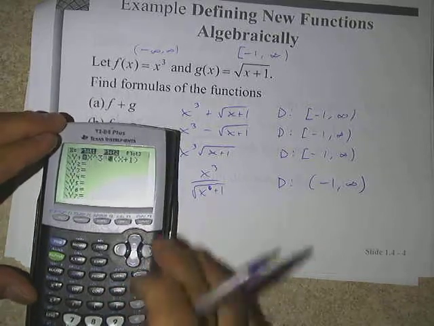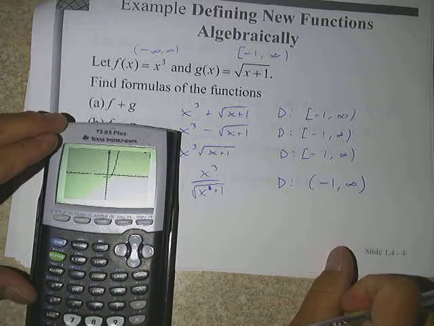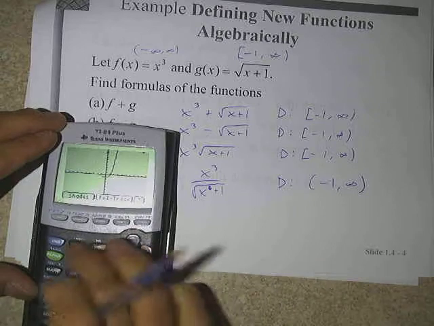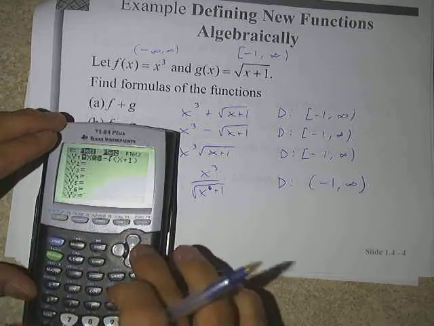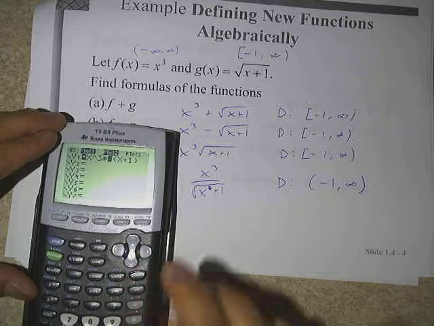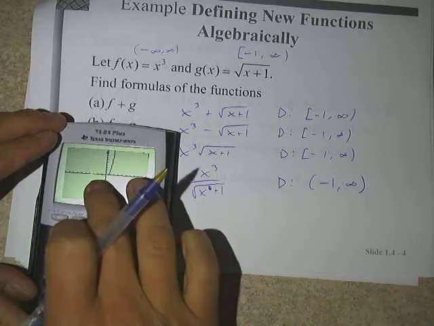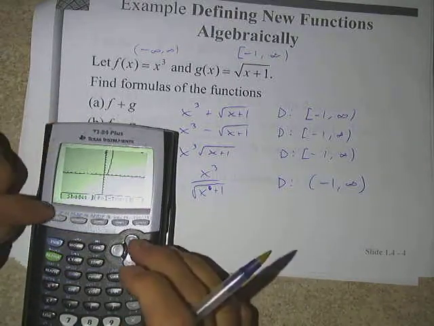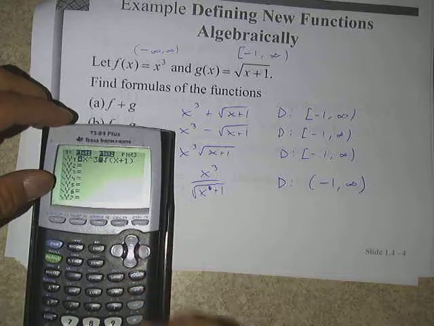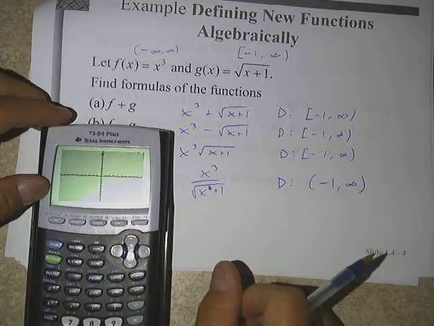All right. And if I do that same thing, if I look at the graphs of the subtraction combination, you should see similar in terms of the domain part, which we do. If I were to look at the multiplication of the two, once again, the domain appears to start at negative 1, like we suspected.